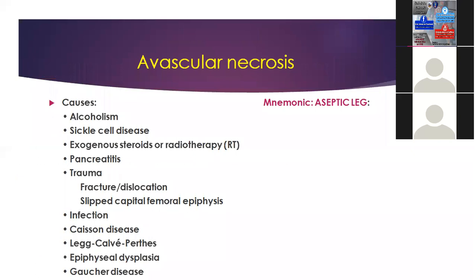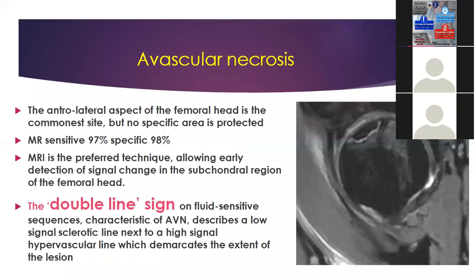We will start with avascular necrosis, and we can see the causes or the etiology of aseptic necrosis. You can see the enumeration of all the causes, starting from alcohol, pancreatitis, trauma, Legg-Calvé-Perthes disease, epiphyseal dysplasia, Gaucher disease, more than one item for the etiology.